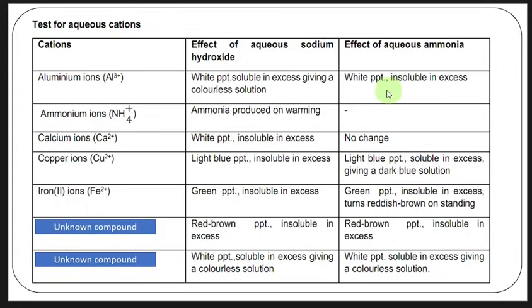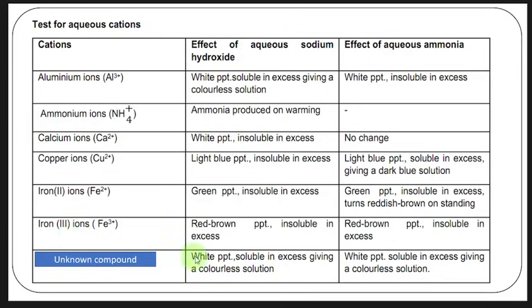After testing with aqueous ammonia, the red-brown precipitate is seen. Then after adding excess ammonia to that red-brown precipitate, it remains insoluble in excess. Then you must conclude that the unknown compound contains the Fe3+ ion. All right, it contains the ion Fe3+.